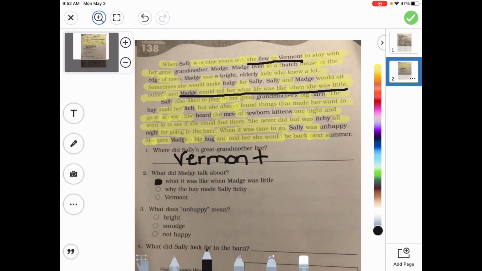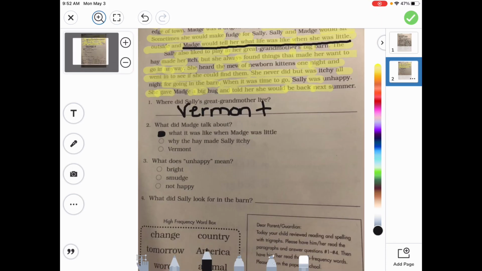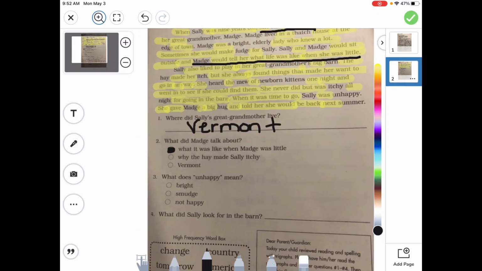What it was like when Madge was little, very good. What does unhappy mean? Bright, smudge, or not happy? Not happy, very good. And what did Sally look for in the barn? Was it, let's see. She could hear them. One night she went to see if she could find them. What was it? Newborn kittens.